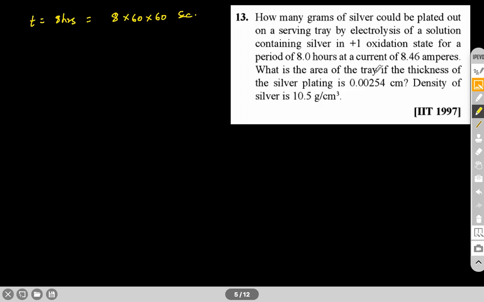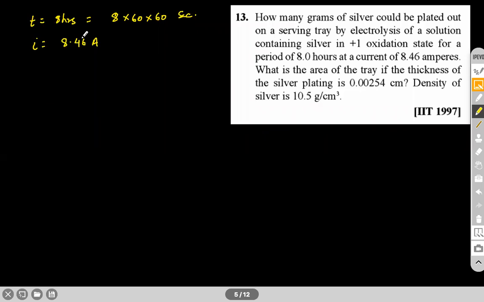Right? This is the time. I is also given, 8.46 ampere. What is the area of the tray if the thickness of the silver plating is this centimeter, right? Area of the tray.